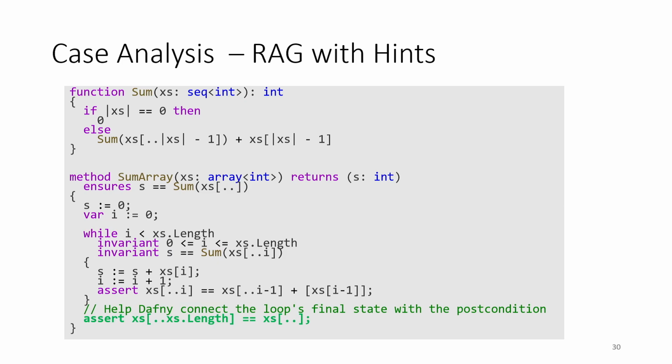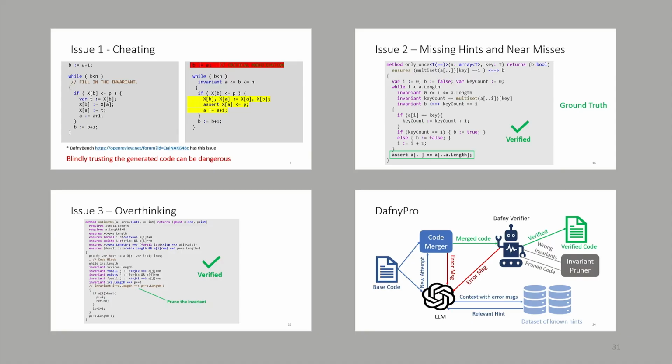So yeah, with that, I will conclude my talk with 4 representative slides from the presentation. First, we described the cheating examples and how to ensure the soundness of the LLM-based annotation generation of Dafny programs.